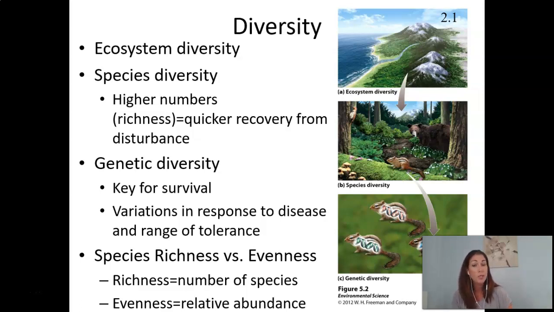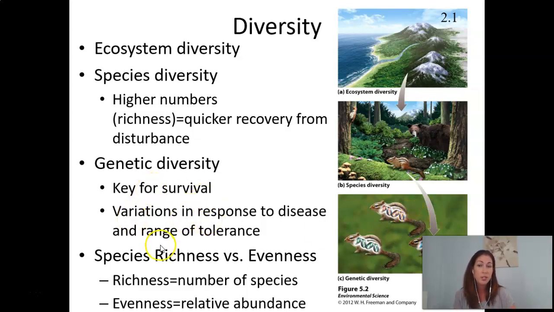Now, within one species, you have genetic diversity, and this is really key for survival of critters because you can't have them all the same. If there's some type of disturbance that comes into play, then you want to have critters that have a range of tolerance for disease, for temperature, for pH, so that if the environment does change, the species as a whole won't die out.